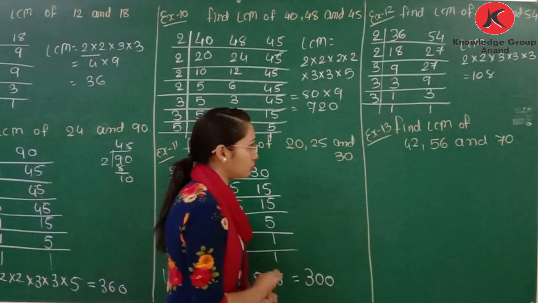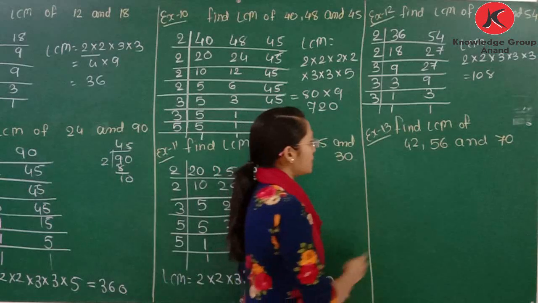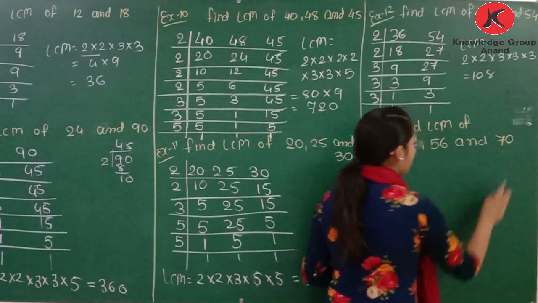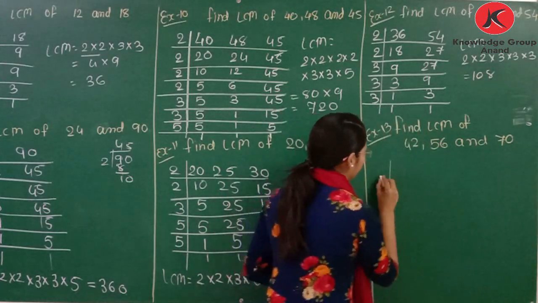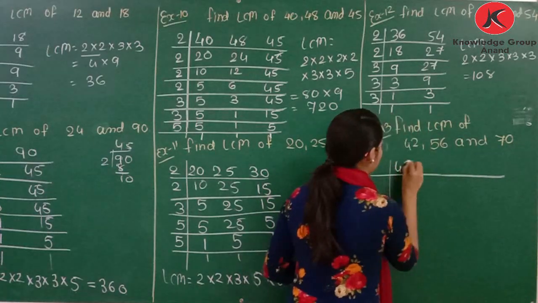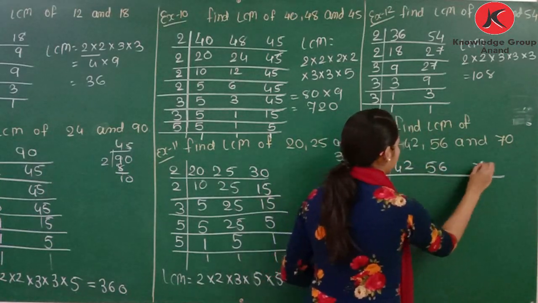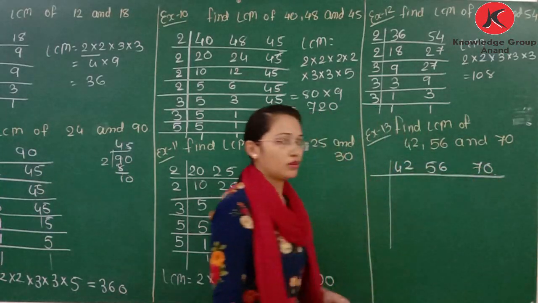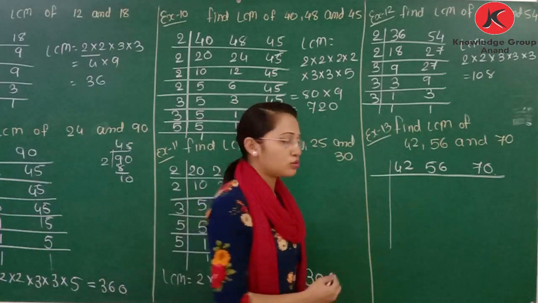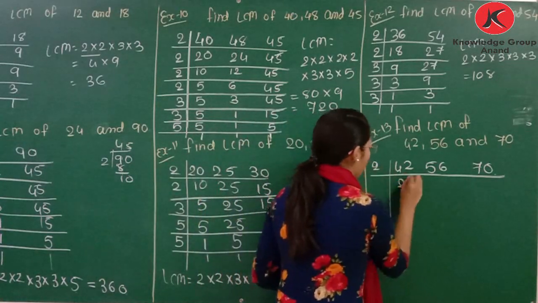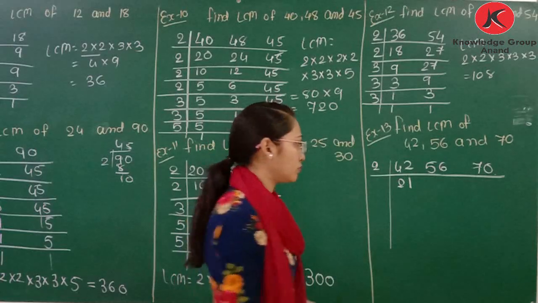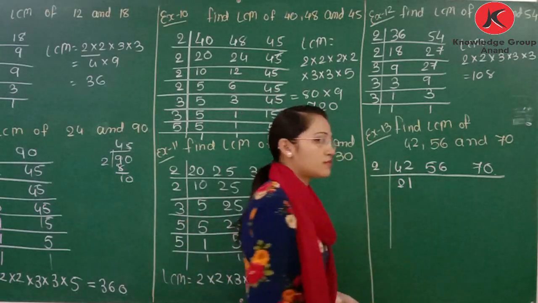Clear? Now next, LCM of 42, 56 and 70. Okay. So again start with 2. 21. Divide 56 by 2.